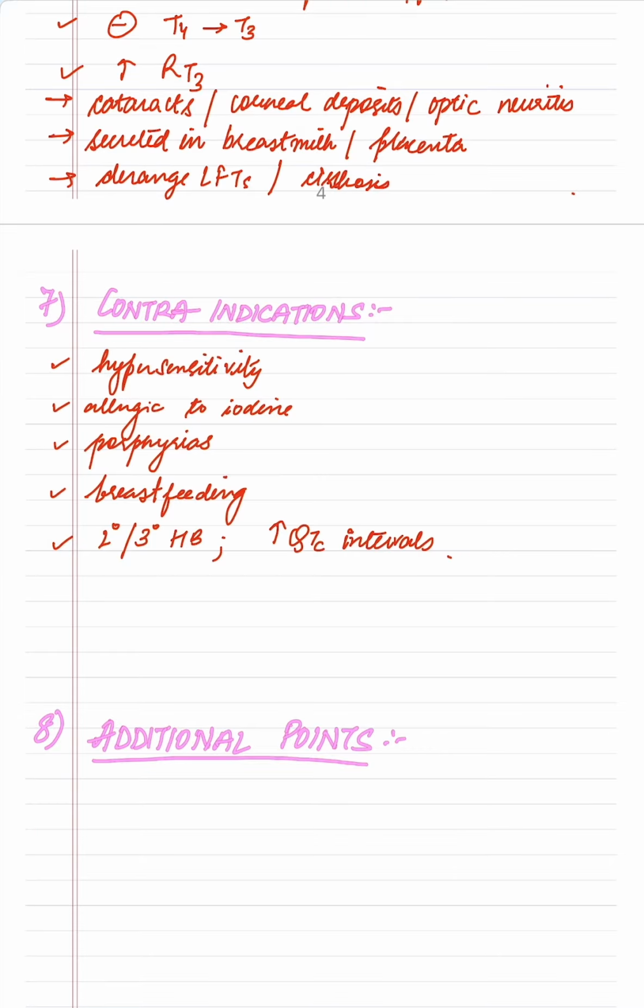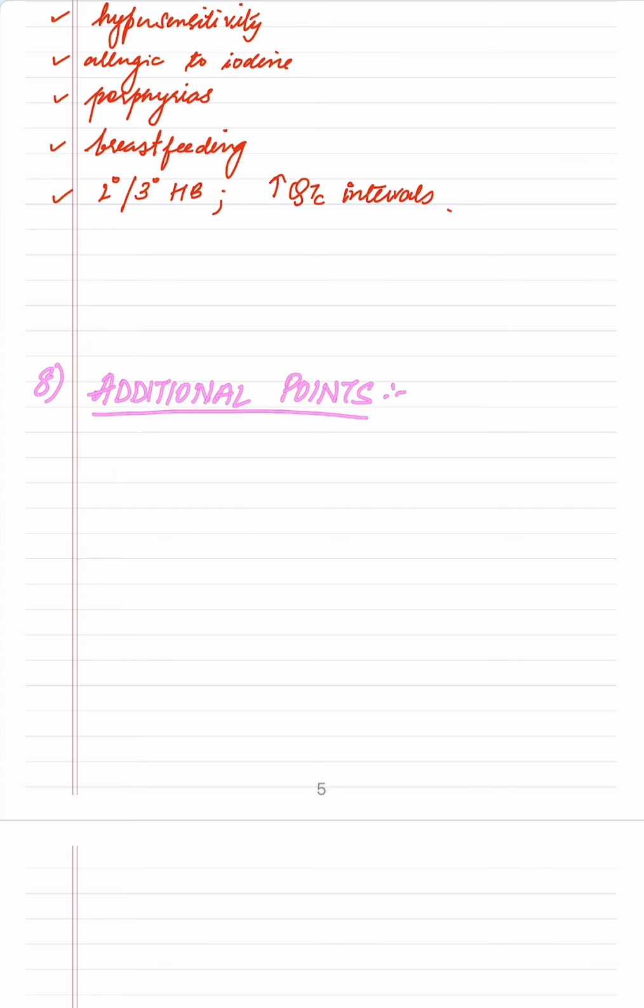Now, some additional points regarding amiodarone. First, we remember that it is metabolized by CYP3A4. It also inhibits CYP3A4, so it may increase the concentration of drugs such as warfarin, phenytoin, atorvastatin, or simvastatin, as these are also metabolized by CYP3A4.